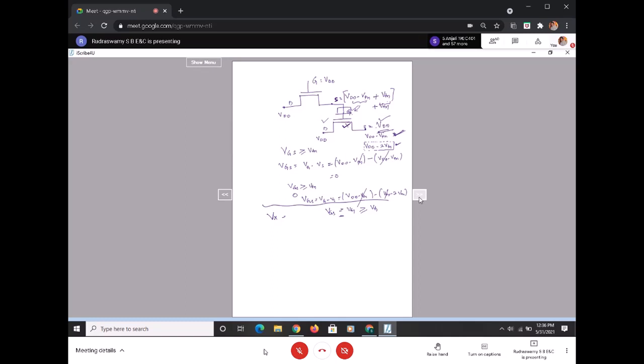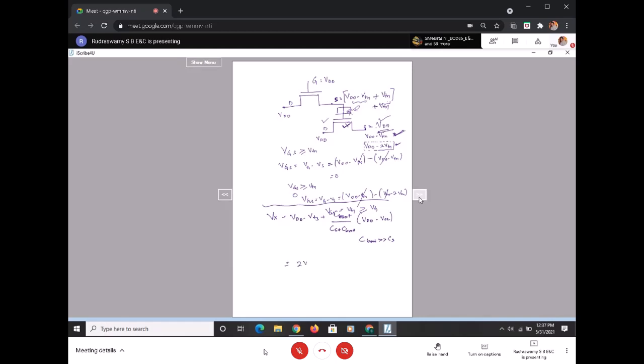So Vx, we got VDD minus VT3 plus C boot divided by CS plus C boot, into VDD minus VOL. Okay. Now C boot is very much greater than CS. What really happens now?